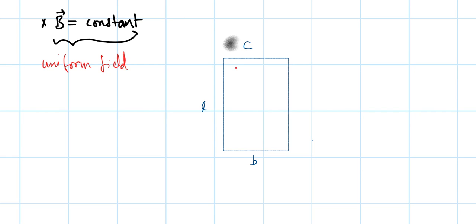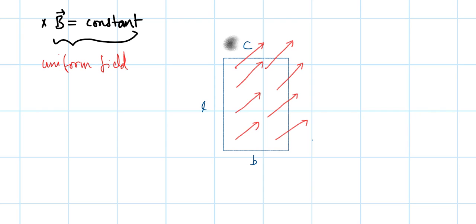So I'm going to draw a uniform field, and the coil C is placed in a region of uniform field. Uniform field means all the magnetic field vectors will be parallel to each other at every point. I'm only drawing the magnetic field at various points, just to indicate that the magnetic field exists everywhere. That's all. Alright, so that is the orientation of the magnetic field. Now what about the area vector on this loop?